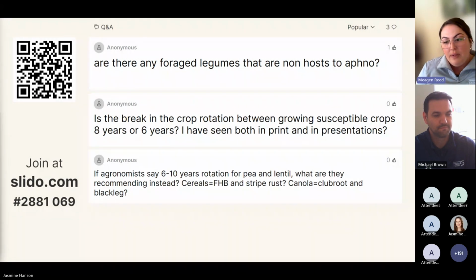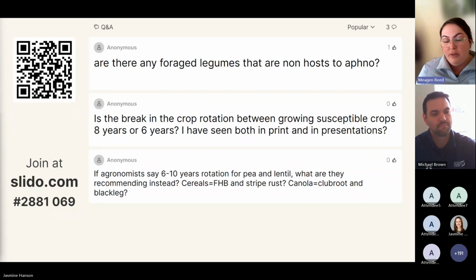Like I said in the video, there are some pea growers I've worked with in northern Saskatchewan around Spiritwood. They're on a 10-year rotation for peas. In parts of the province where it's drier, lighter soil, not so much heavy clay, they can get away with 6 years on a lentil rotation. It depends on how often you had an infected host crop previously and what the conditions are when you're putting that pulse crop in next time.